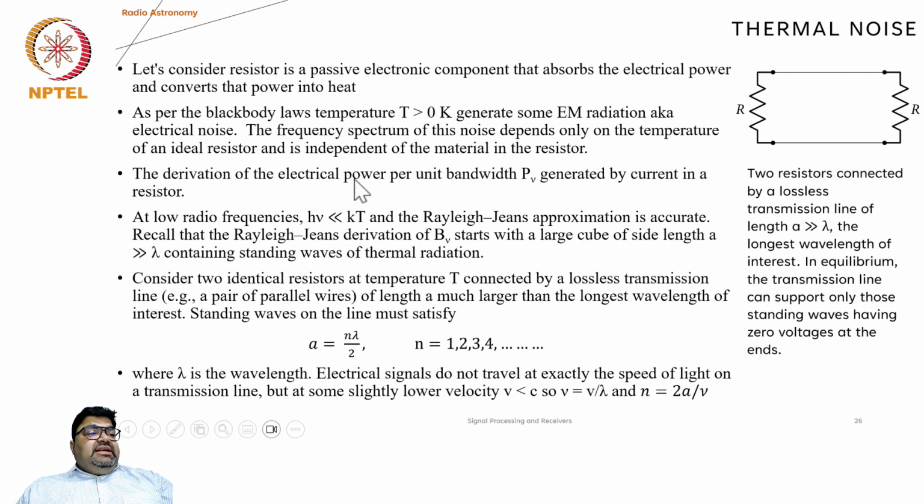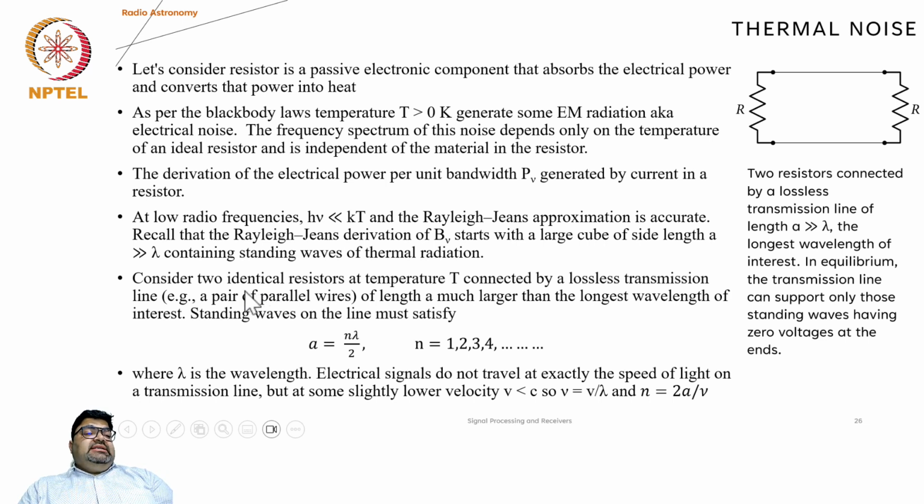The derivation of the electrical power per unit bandwidth P nu generated by a current in the resistor. At low frequency, h nu is very much less than kT, and the Rayleigh-Jeans approximation is accurate. Recall the Rayleigh-Jeans derivation of B nu starts with a large cube of side length greater than lambda, containing standing waves of thermal radiation.